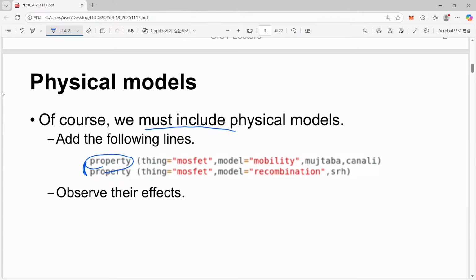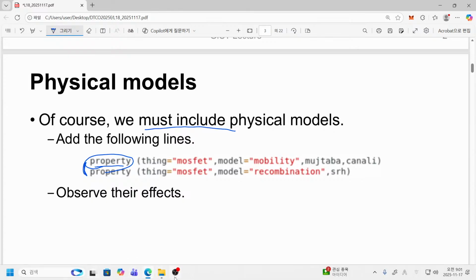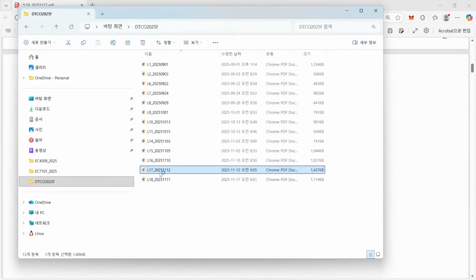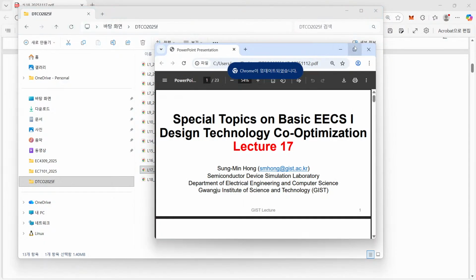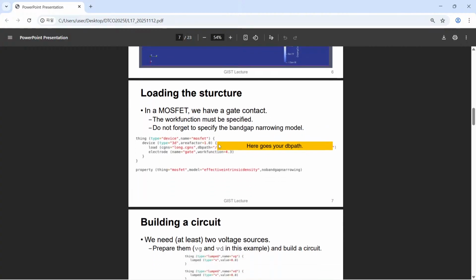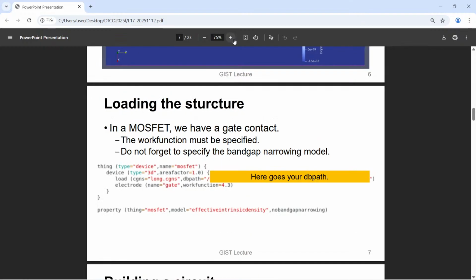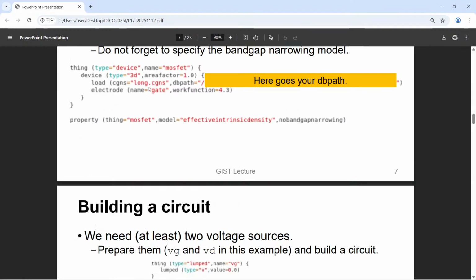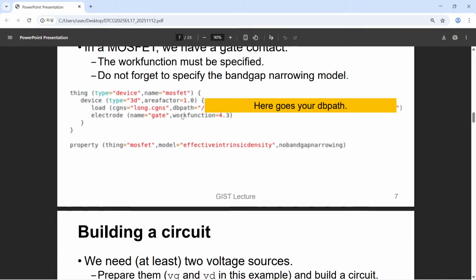In the previous case we had properties about band gap narrowing. If we come back to our previous lecture material, you can find the mandatory default one shown here. If we have a certain device material, then we must also specify this effective intrinsic density, which simply determines the band gap narrowing effect.